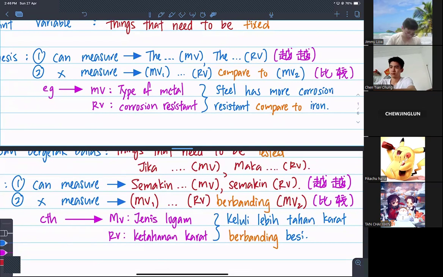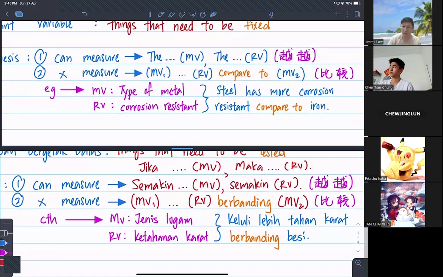You do comparison based on both of the manipulated variables, because for this kind of question, they'll give you at least two manipulated variables. If given four or five, just choose random two to do comparison. For example, steel has more corrosion resistance. The corrosion resistance refers to your responding variable, so the ketahanan karat lah.